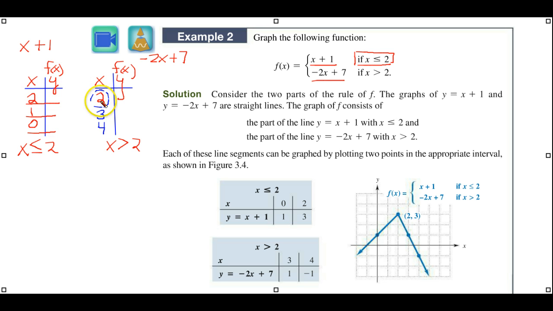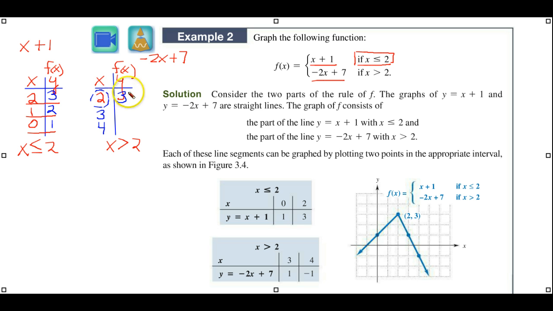So we start to fill it in. If x is 2, 2 plus 1 is 3, 1 plus 1 is 2, and if x is 0, this would be a 1. Now here we have x as a 2, so -2 times 2 is -4. -4 plus 7 is 3.